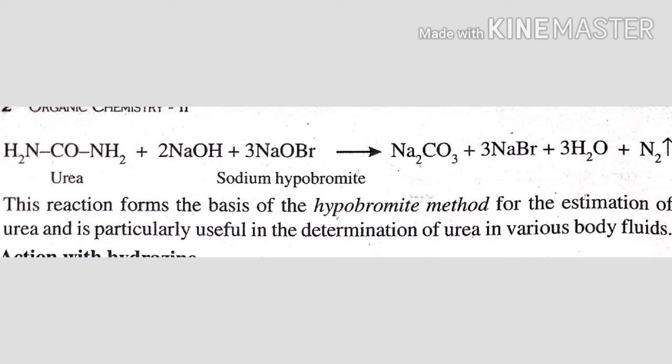H2N CO NH2 plus 2NaOH plus 3NaOBr gives Na2CO3 plus 3NaBr plus 3H2O plus N2.